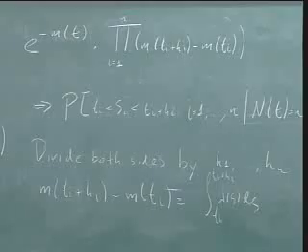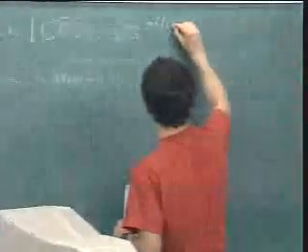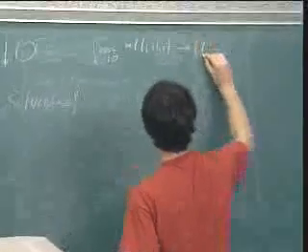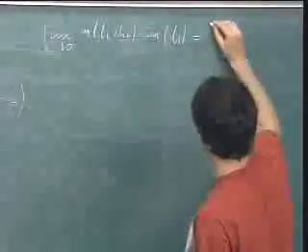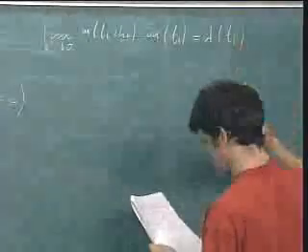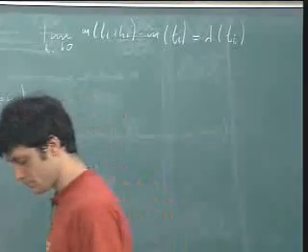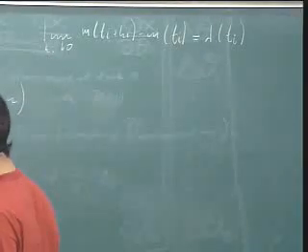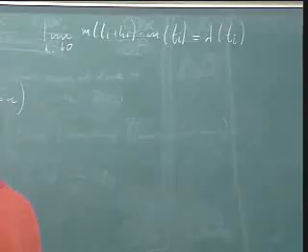Okay, we can just say the limit as hi goes to 0 of this is just equal to lambda of ti. And this is because of one of the properties of a non-homogeneous Poisson process.